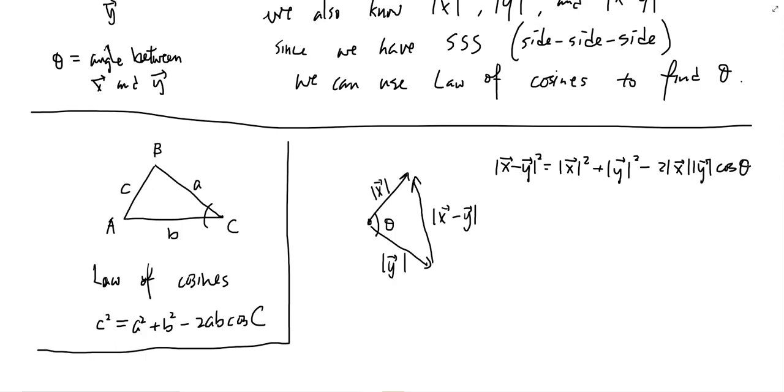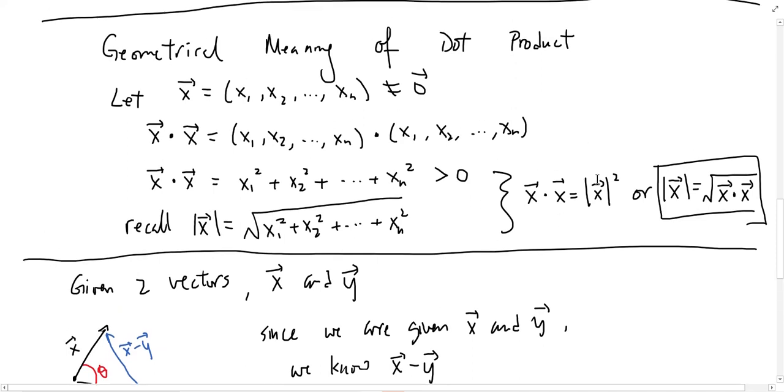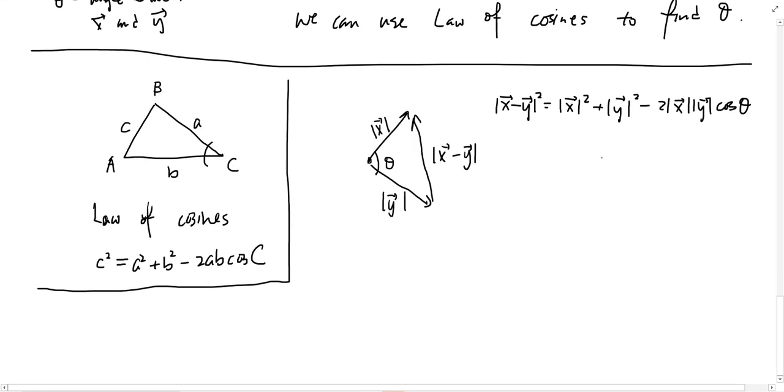Well, the easiest way to do that is to make use of what we know about length. If you recall, the length of vector x squared, yeah, you're right, if you have a deja vu of seeing this, because we just talked about it not 10 minutes ago, is actually just vector x dot vector x. So using that concept, I'm going to move it down here so that I have more room.